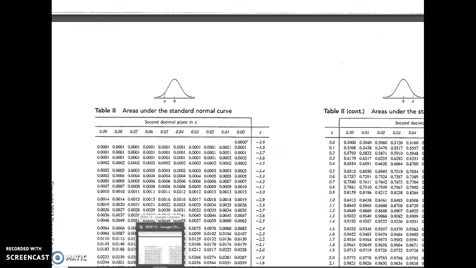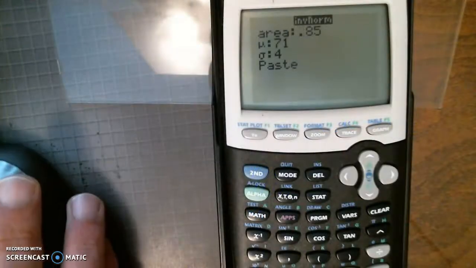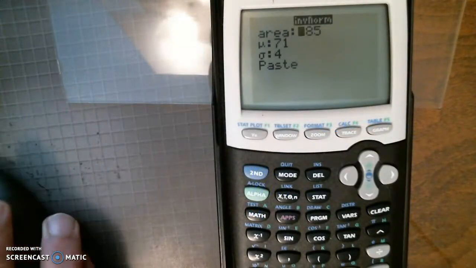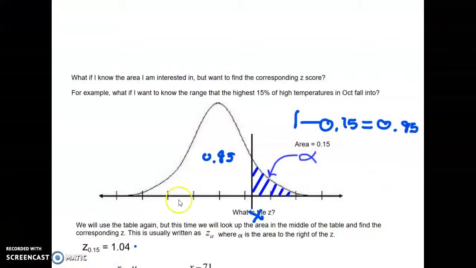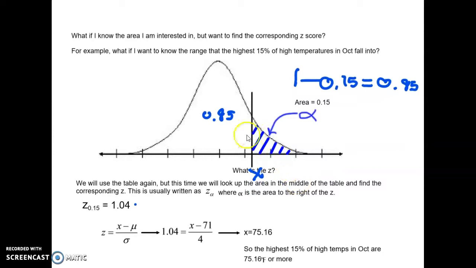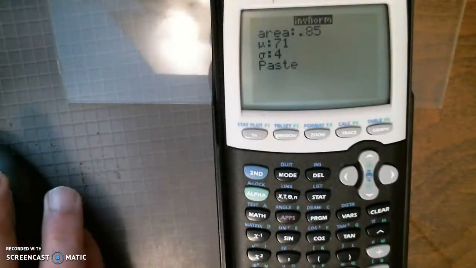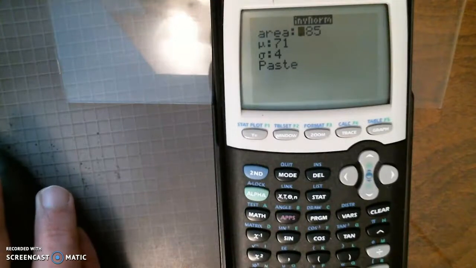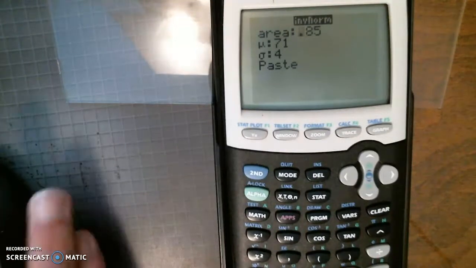So using the technology here, the area to the left of this line right here, we always have to put that in, is 0.85. Your mean here is 71, standard deviation of 4.